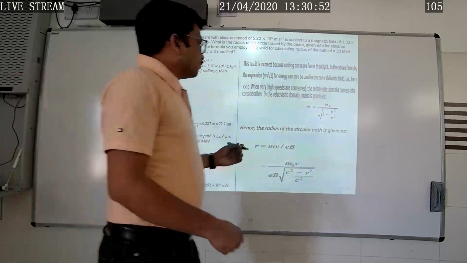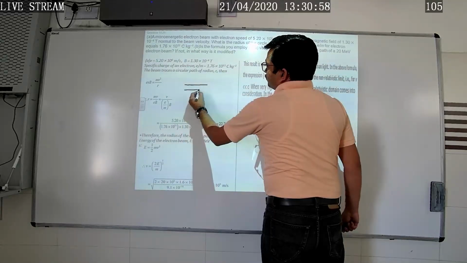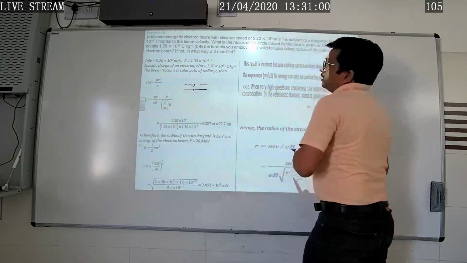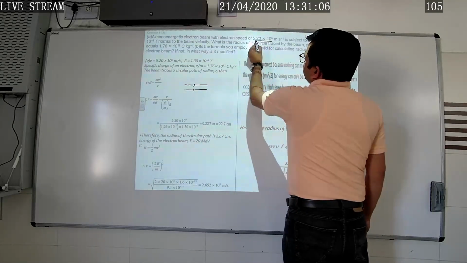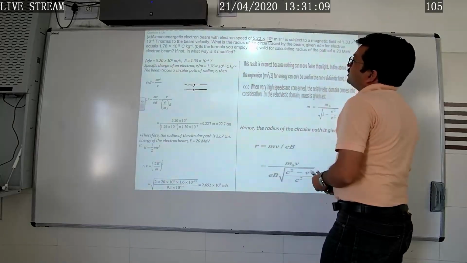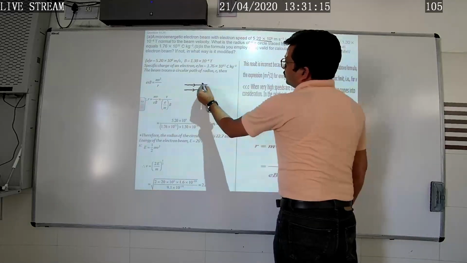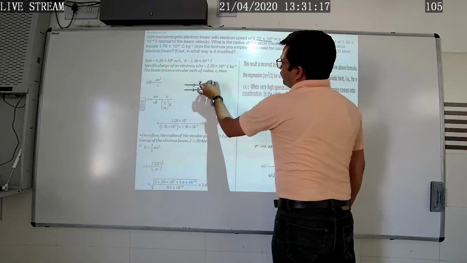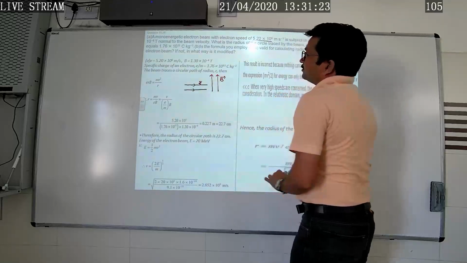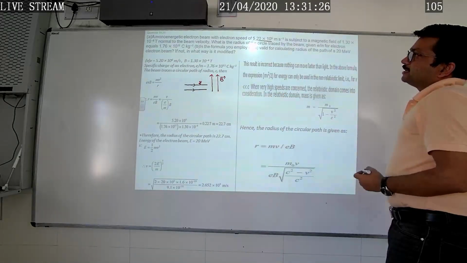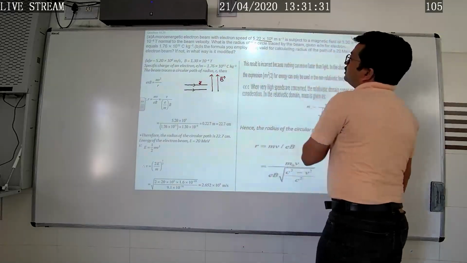Monoenergetic means a single-energy electron beam is coming with the speed given to us, and it is subjected to the magnetic field which is normal to the beam velocity. This is the velocity of the electron, and this is the normal magnetic field. Whenever this beam is subjected to the magnetic field normal to the beam velocity, what is the radius of the circle traced by the beam?